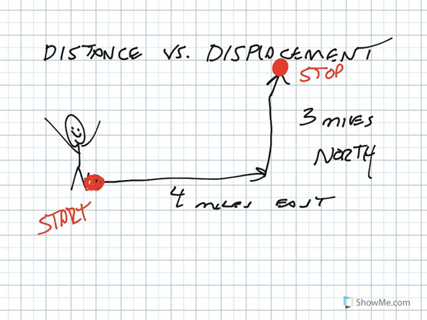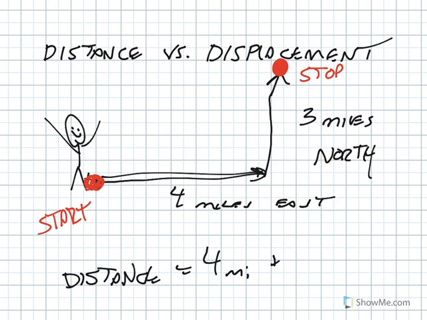Okay, so distance versus displacement. Distance is what you normally think of as how far did you walk, right? So in this example, the distance traveled by this individual is, well, you went 4 miles, and then you went 3 miles.